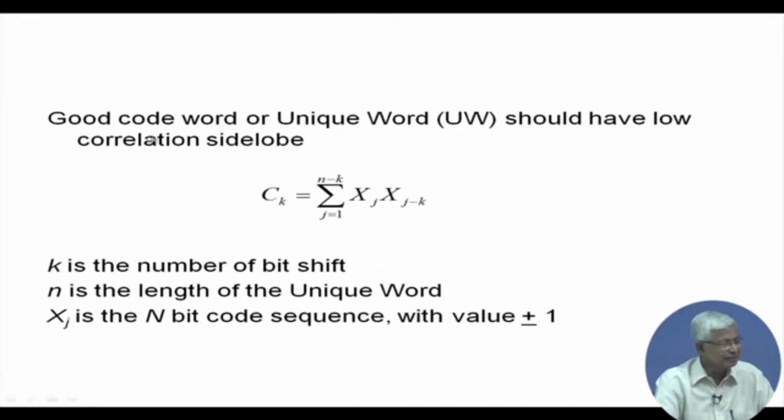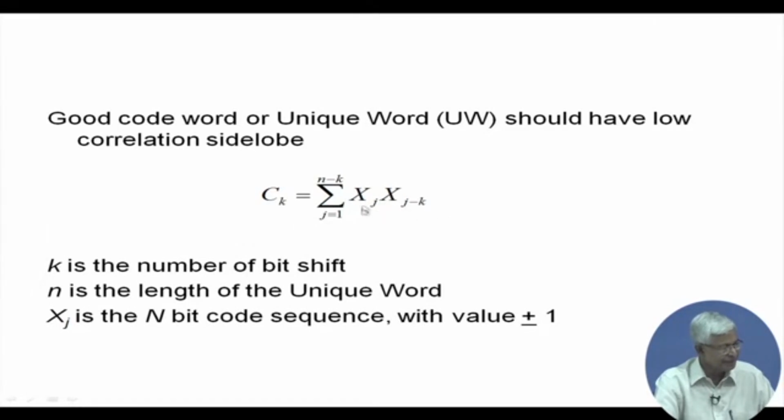A good pattern can be, or we can use the word code word or unique word. Normally this word, unique word, is a unique pattern. So, the term unique word is used. The unique word should have low correlation side lobes. You know what a correlation side lobe is. Here it is shown as Ck, a summation of j equal to 1 to n minus k, of xj and xj minus k.